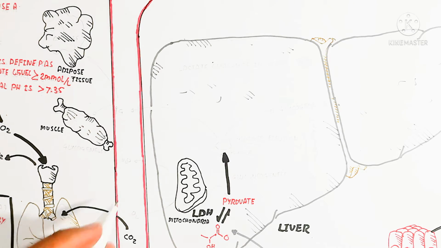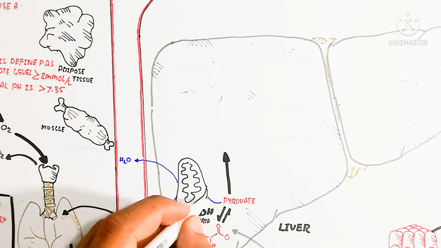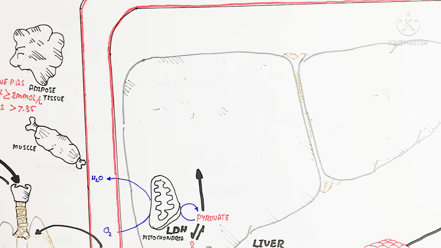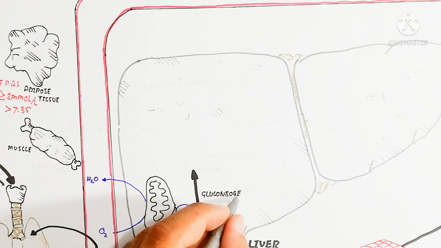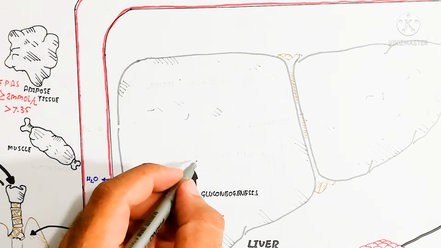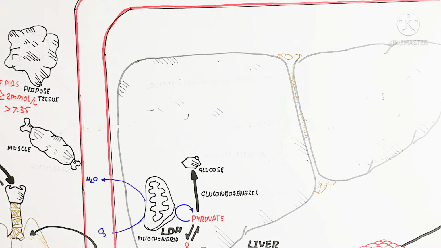Here we will discuss the mitochondria, and the lactate or D-lactate enters the liver, where it is converted into pyruvate in the presence of LDH, lactate dehydrogenase.